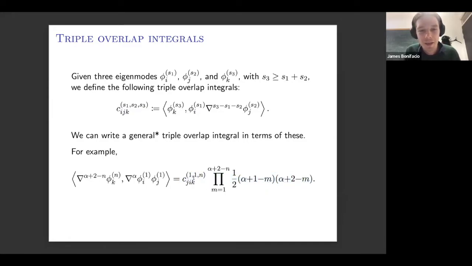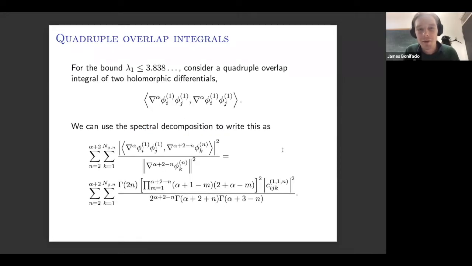So I can write it in terms of this basic triple overlap integral with some extra factors which arise from the integration by parts and commuting of derivatives. And this star here is because this is not exactly true, but for the purpose of this talk, it won't matter. There's one small exception.